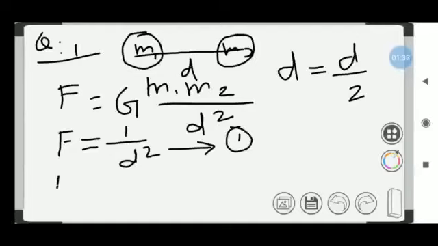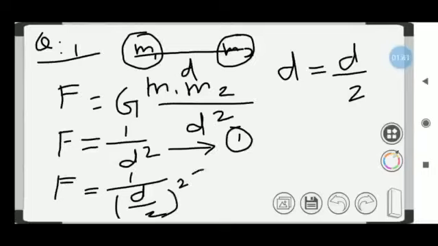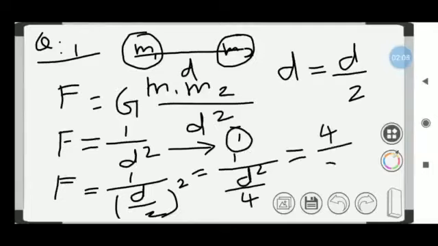When the distance is reduced to half, that means 1 divided by d by 2 whole square. So d by 2 whole square can be written as 1 divided by d square by 4. Am I right? So this is equal to 4 divided by d square.